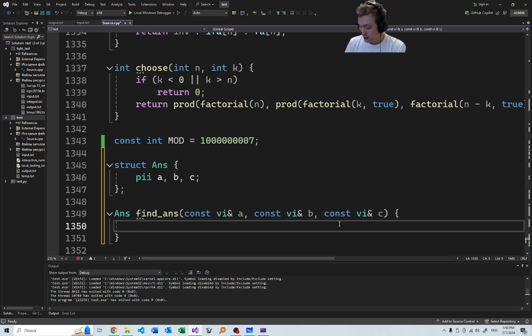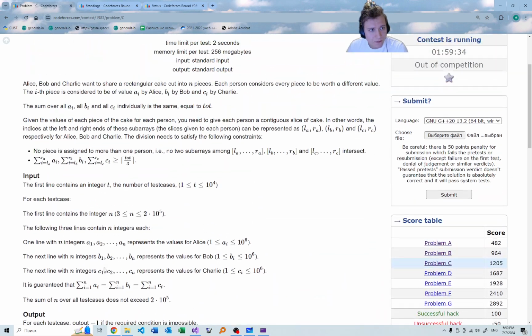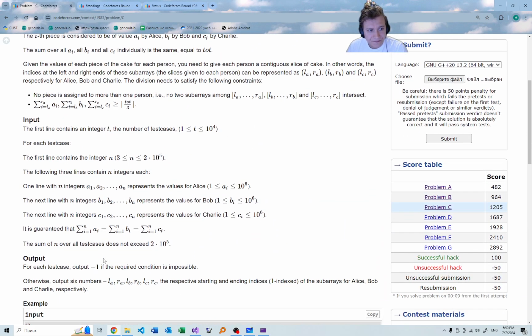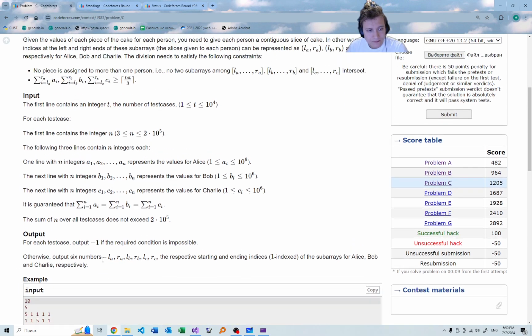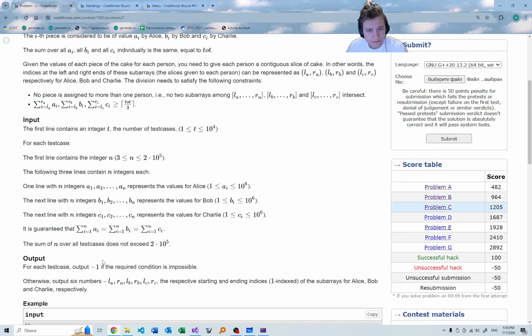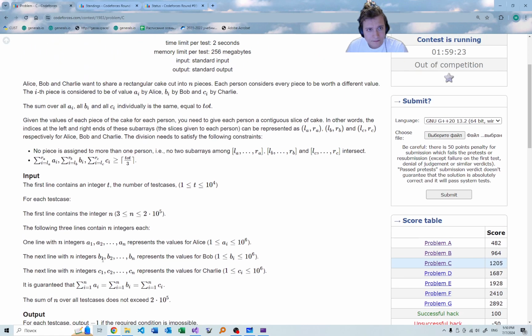Okay, fine. Let's do something. So let's say that we have 3 pieces, A, B, and C. Let's store their sums. Should the sums be long? Yeah, probably yes.